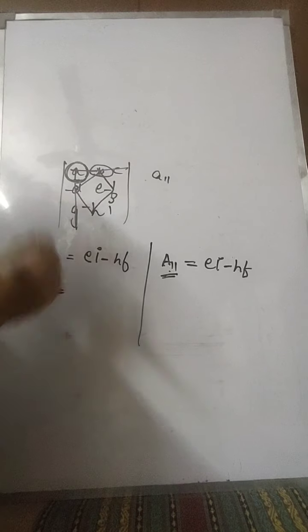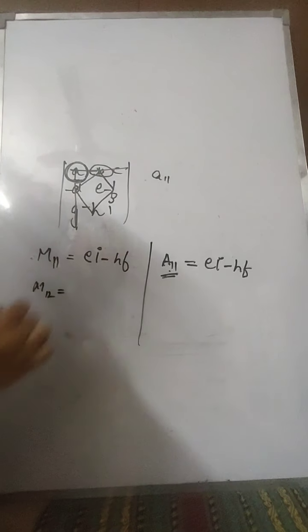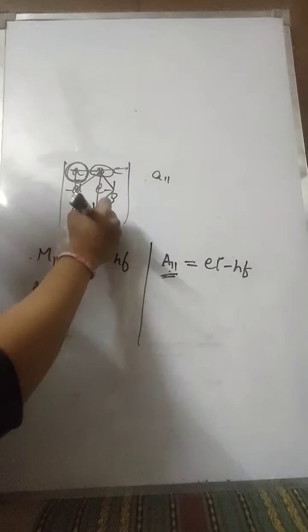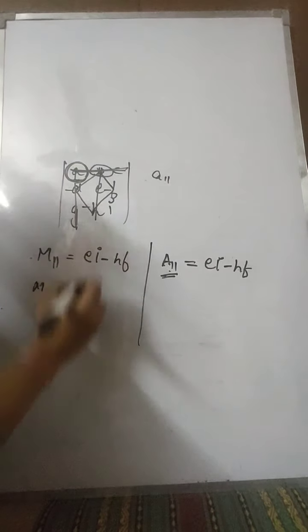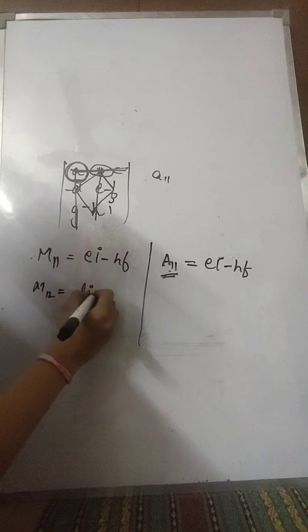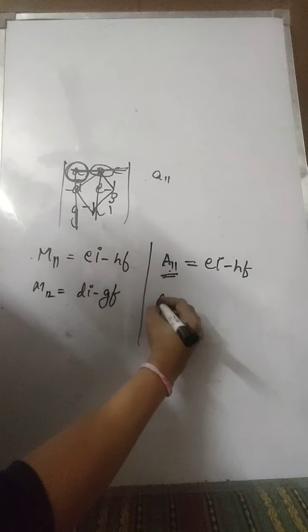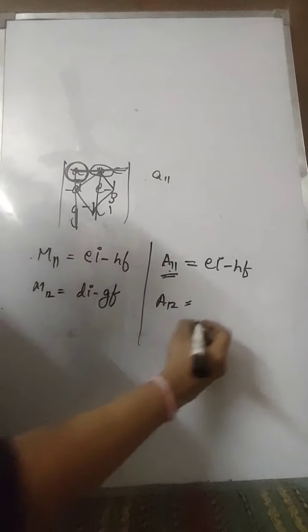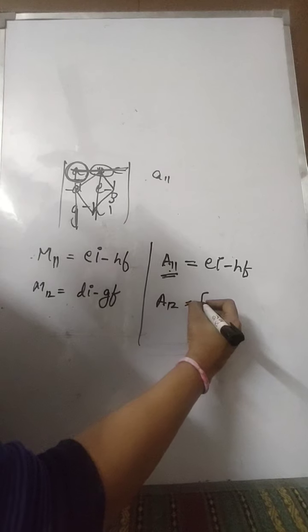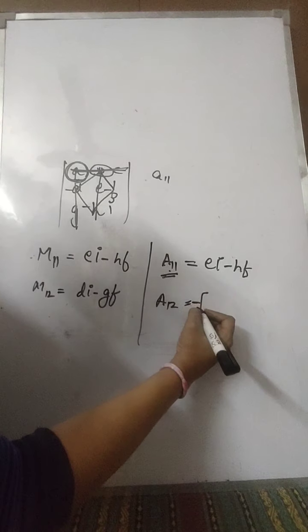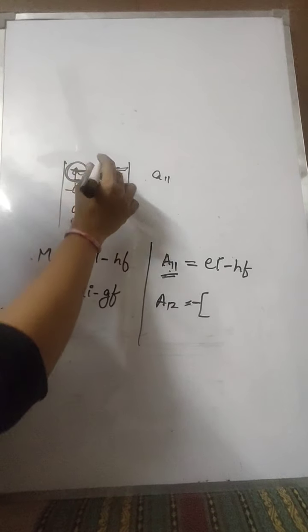M12. As this is a negative one, I will not take the negative sign here. Eliminating the column and the row, D into I minus G into F. Now A12 will be, now I will take up the negative sign, that is I will take a bracket and put a minus sign here because it's a diamond element.